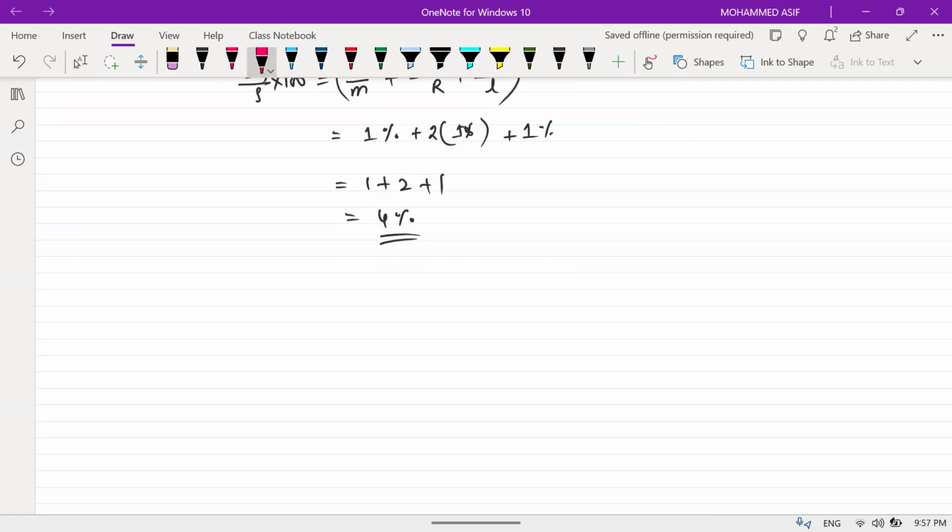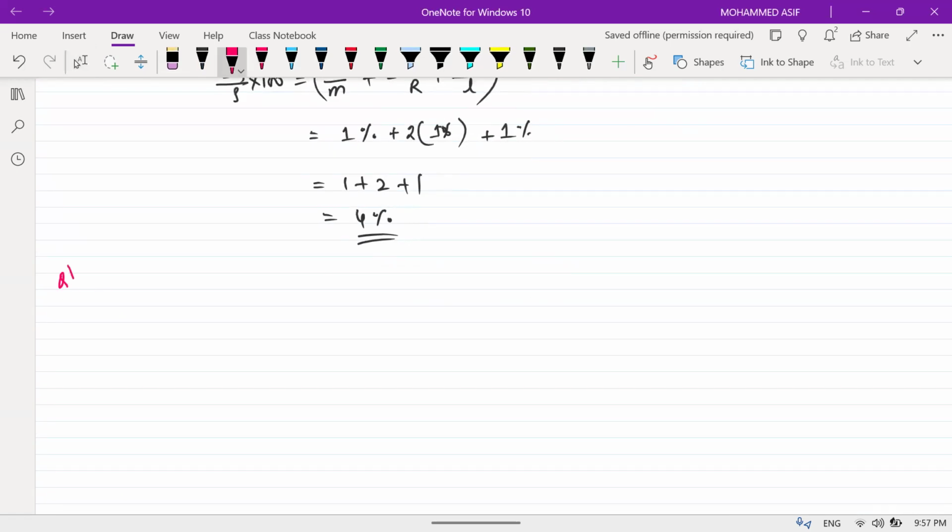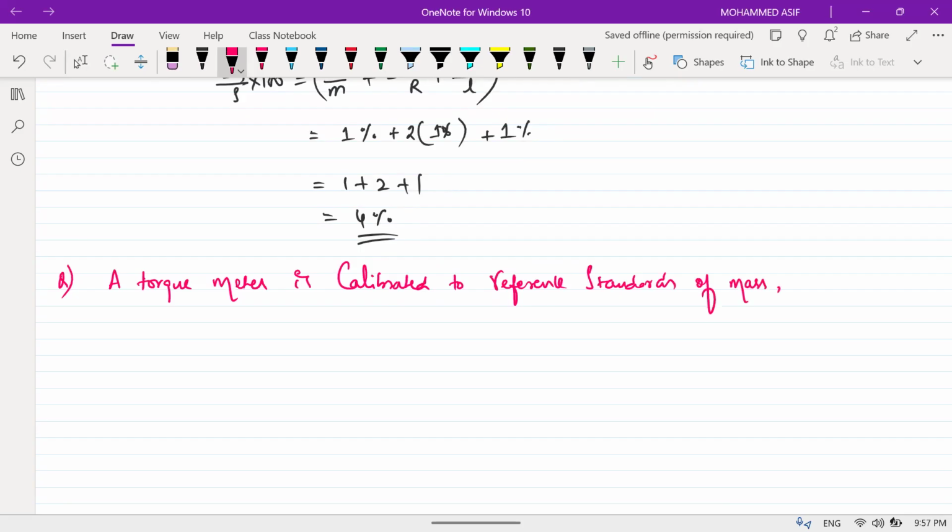Next question. A torque meter is calibrated to reference standards of mass, length and time, each with 5% accuracy.